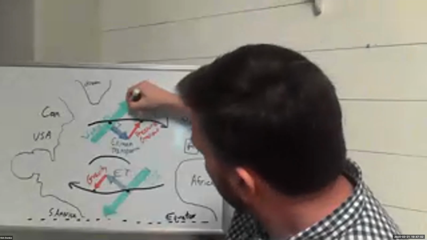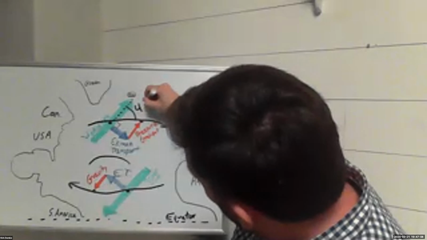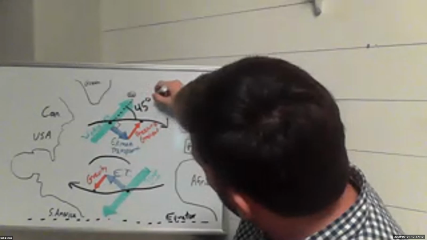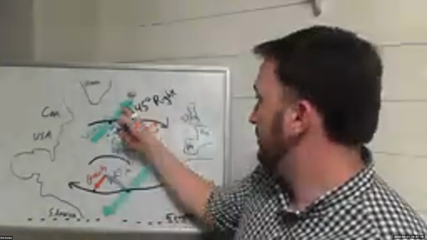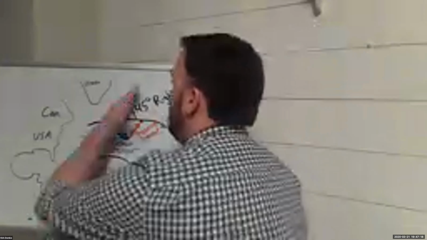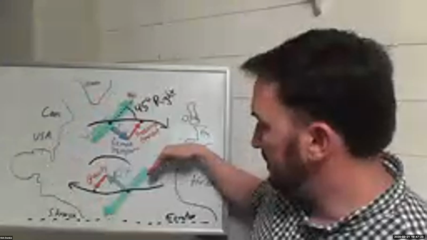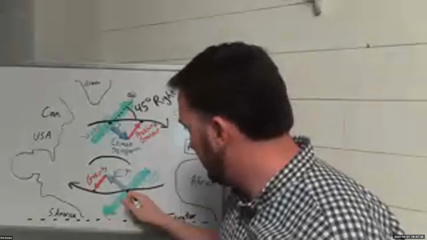But what you're going to see here is that relative to the wind direction, the ocean current will actually move 45 degrees to the right of the wind direction. The wind was going here, and there's a 45-degree angle, and the current is going there. The wind is going here.